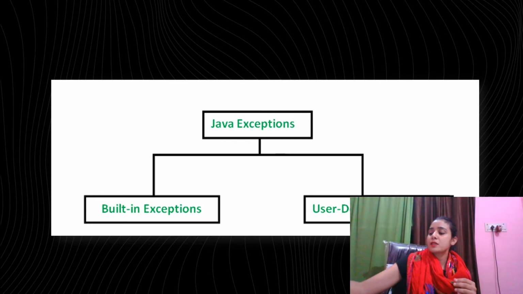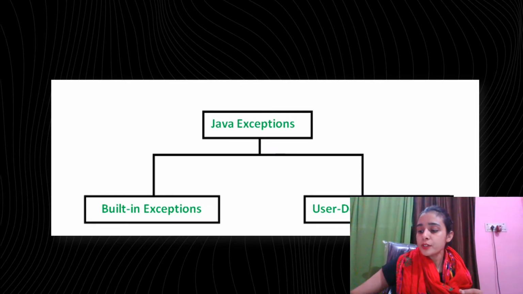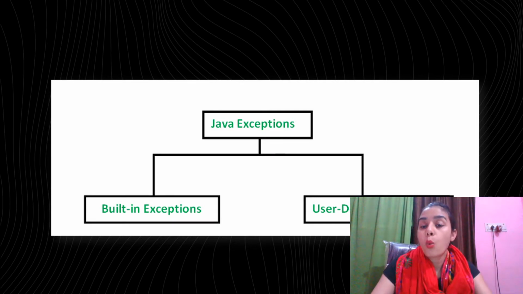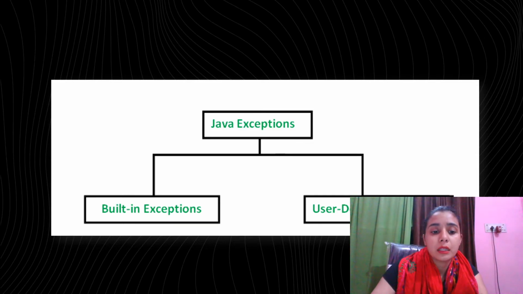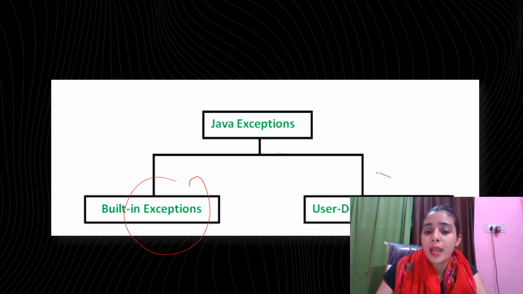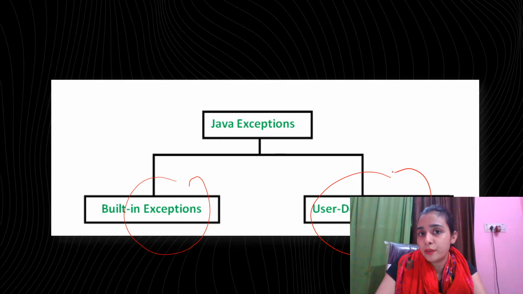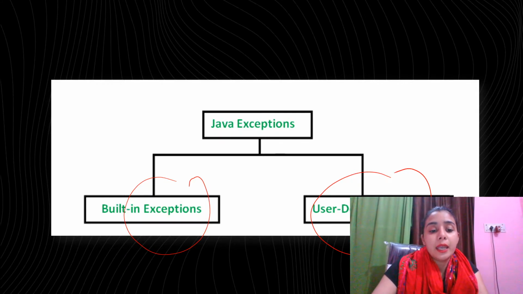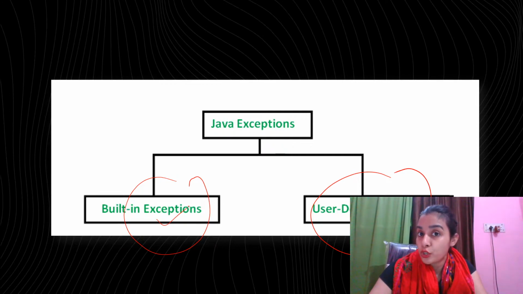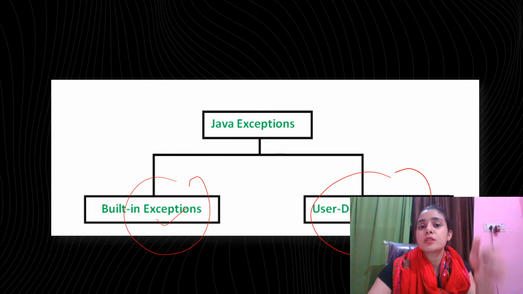So let's get started. First of all, what is a function? In Java we have two types of functions. We have the built-in function, and we have the user defined function. If I talk about the built-in function, that means the function which is predefined.